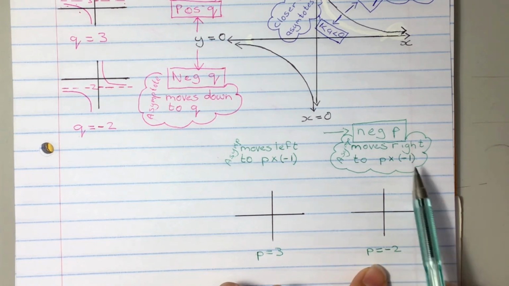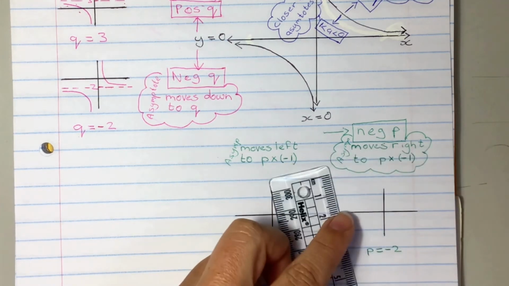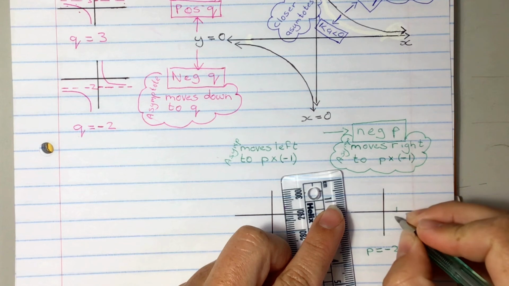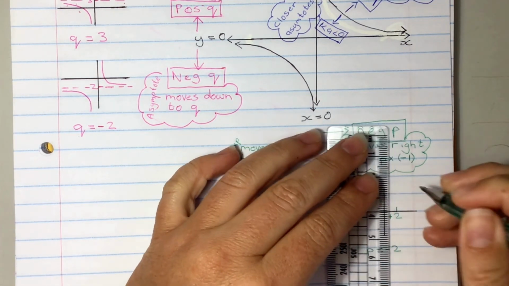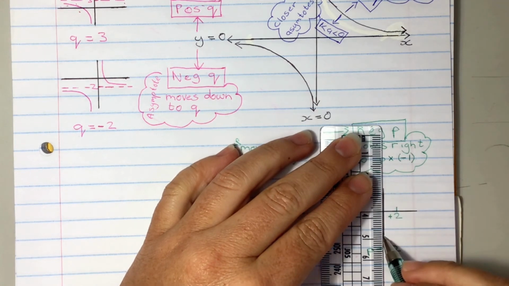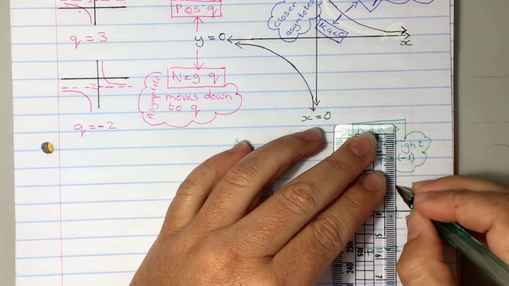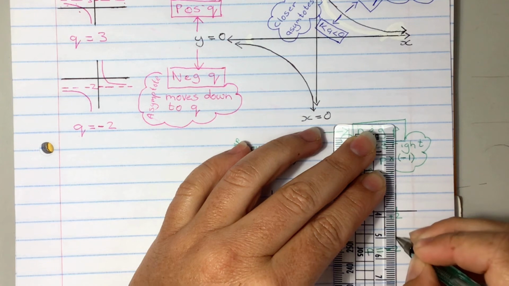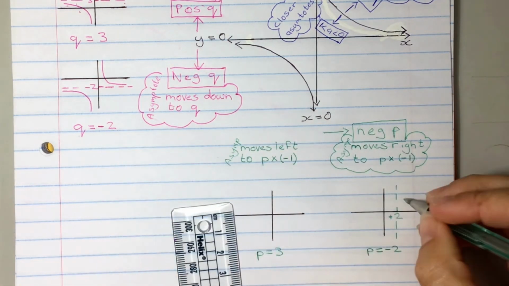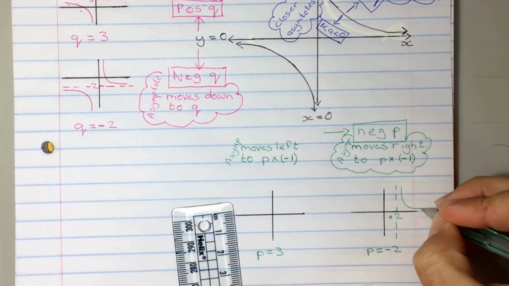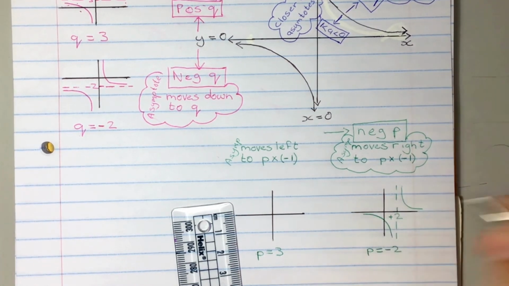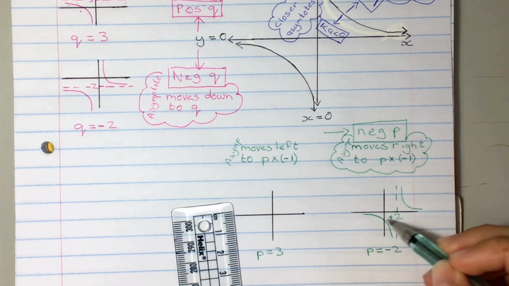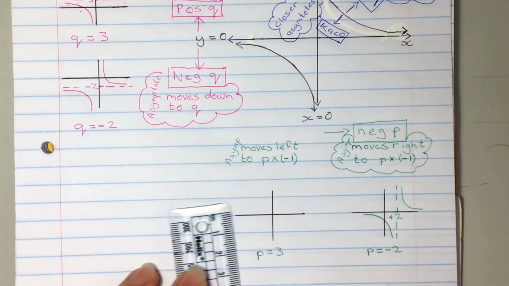So -2 will be a positive 2. So over here, I have positive 2. And so my asymptote will move from the y-axis to the right, over here, moving my whole graph to the right. And so we have our graph sitting over here. And now we get a y-intercept because our asymptote has moved off the y-axis.